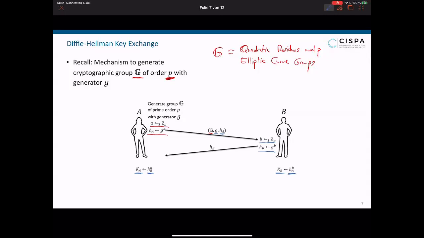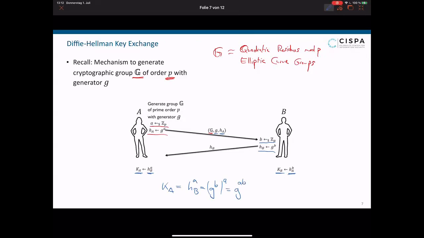So what's the point of this? Well, the point is this. If you have your KA, this is HB to the A. Let's write this out. This is G to the B to the A. But just by simple exponentiation law, this is just G to the AB.